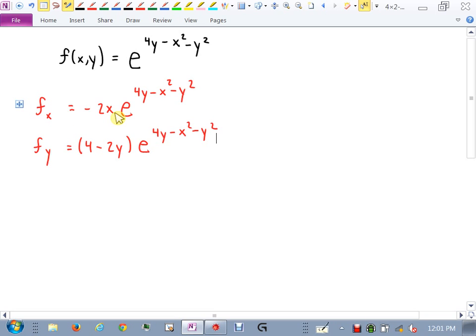But let me go to setting these equal to 0. If I set partial with respect to x equal to 0, then that's going to mean I'm setting -2x e to the 4y minus x squared minus y squared equal to 0, right? Now, as ugly as that looks, what do we know about this?